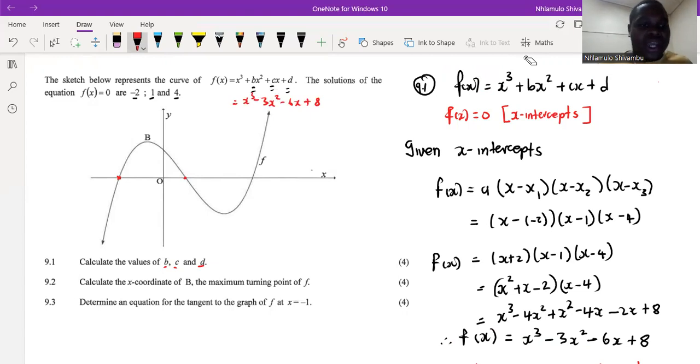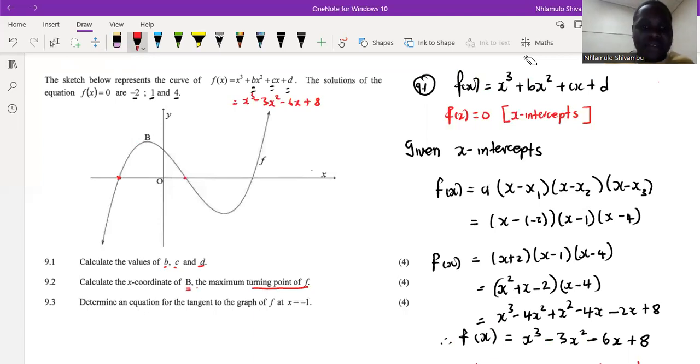Now, we'll need to answer the question that follows, which is 9.2. They want us to calculate the x coordinate of B, the maximum turning point of f. So we need to calculate the coordinate of B, which by identity is the turning point of f.